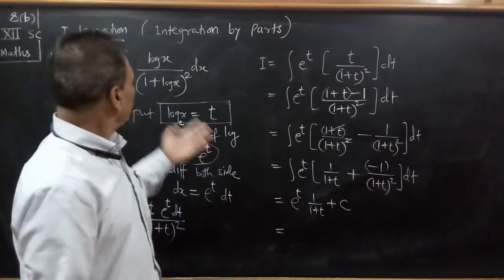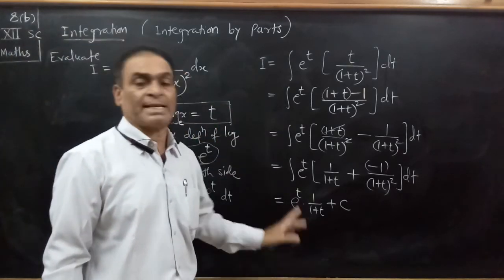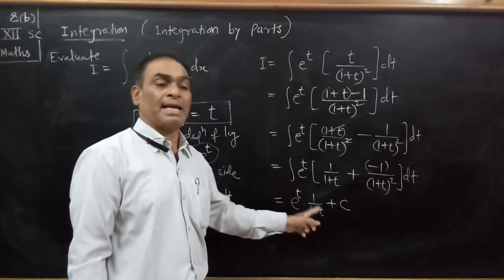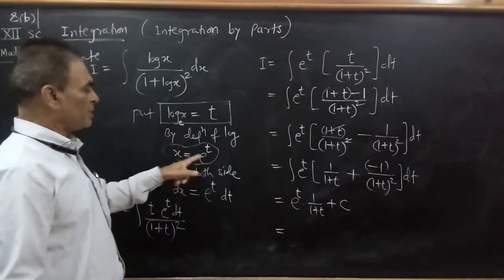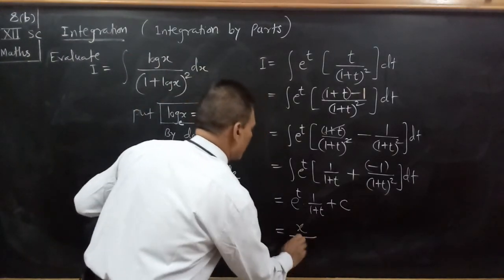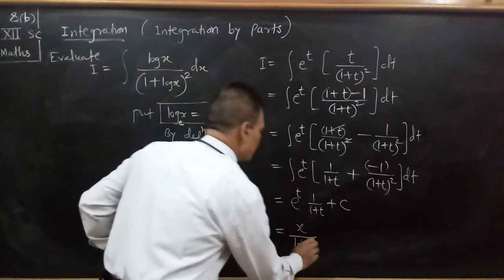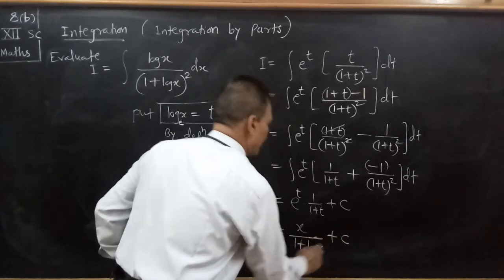Therefore, the answer must be in the x variable. Resubstitute the value of t as well as e raised to t. What is the value of e raised to t? E raised to t is nothing but x. Means write x divided by 1 plus, what is the value of t? Log x. So 1 plus log x, plus some constant of integration c. This is the final answer for our question.